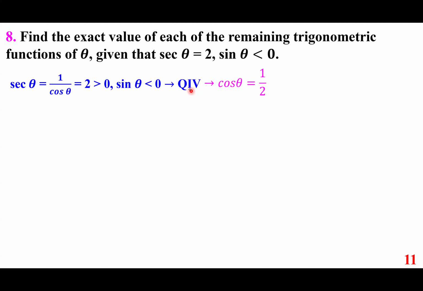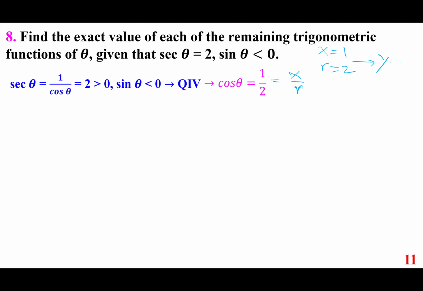Of course, the reciprocal. Now, we can use the same methodology as the previous one. I'm not going to do that, but that would be x over r. So you would say x is 1, r is 2.